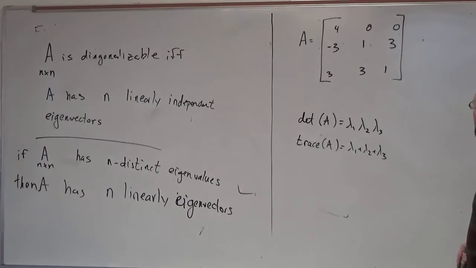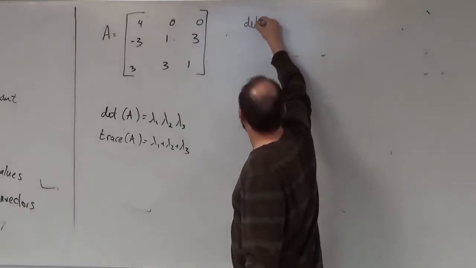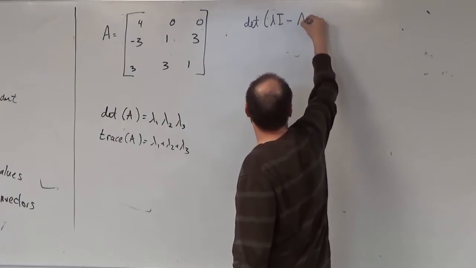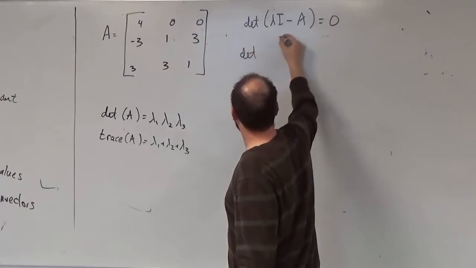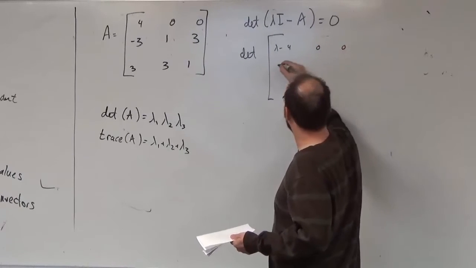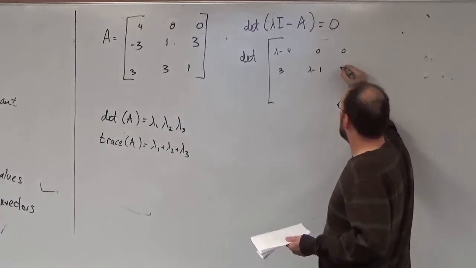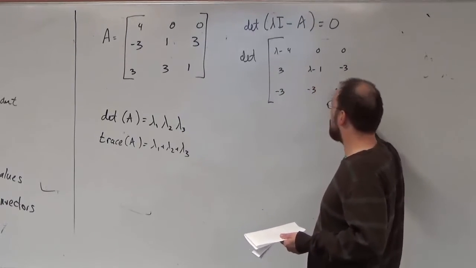But step 1, we need to find eigenvalues. So we create the characteristic polynomial, set it equal to 0, and solve for lambda. So we get the matrix lambda minus 4, 0, 0; 3, lambda minus 1, -3; -3, -3, lambda minus 1.